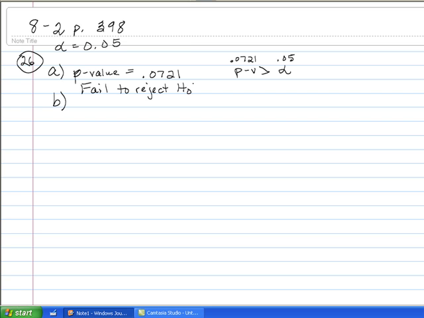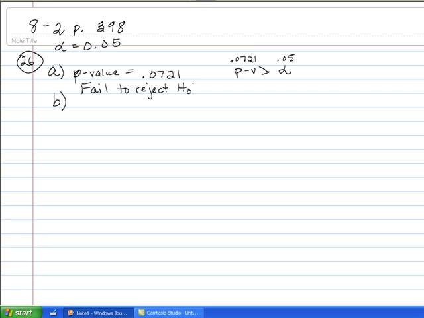So what we want to say is that there is not sufficient evidence to warrant rejection of the claim to support the claim that fewer than 20% of M&M candies are green. So again, there is not sufficient evidence to support the claim that fewer than 20% of the M&Ms are green.